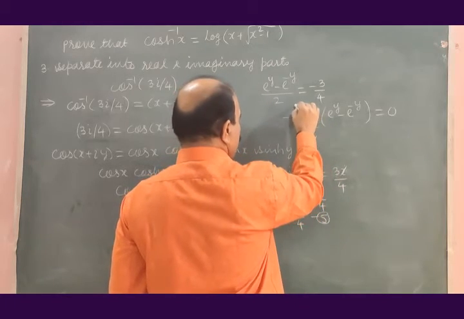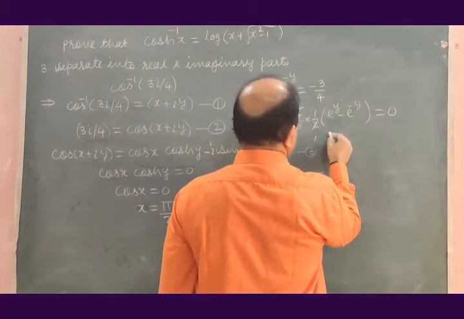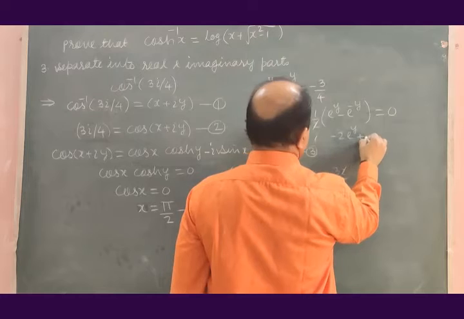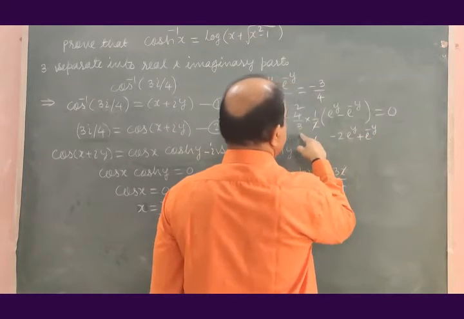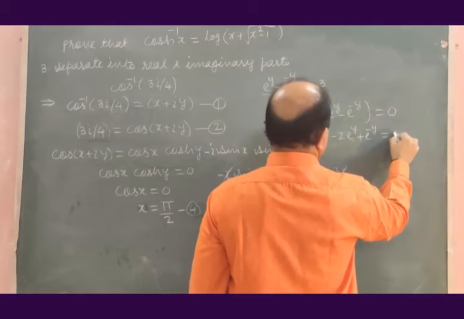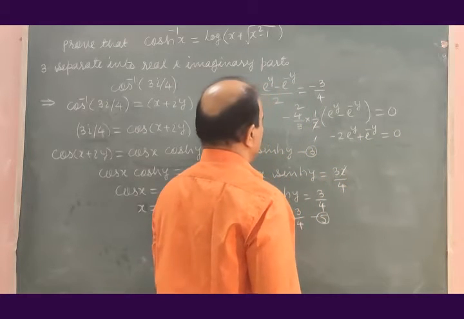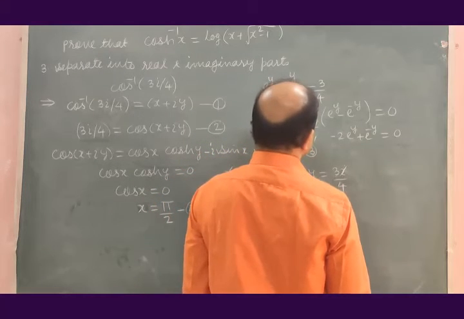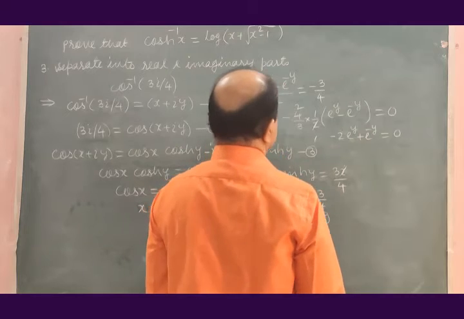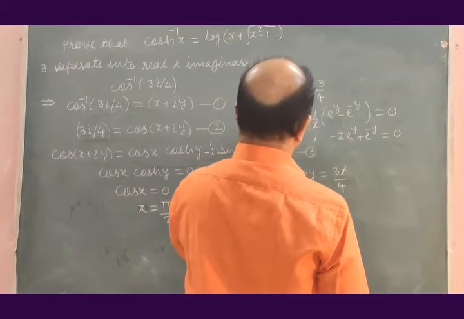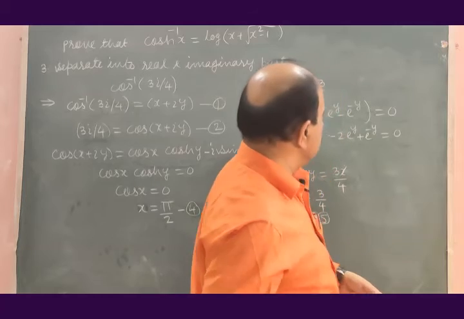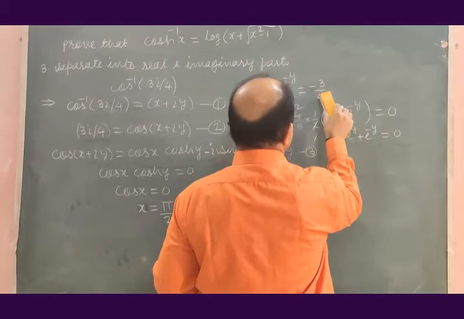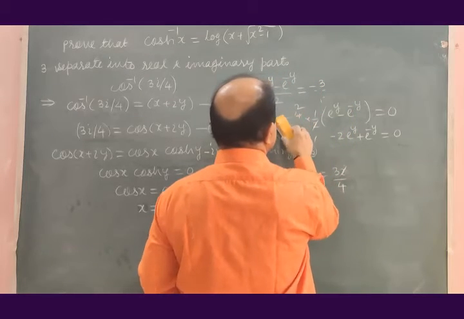2 ones are 2, 2 twos are 4, and it is minus 2 e to the power y plus e to the power minus y. This 3 can be sent to this side. Or let me keep this 3 as it is here and take only 4 to this side.